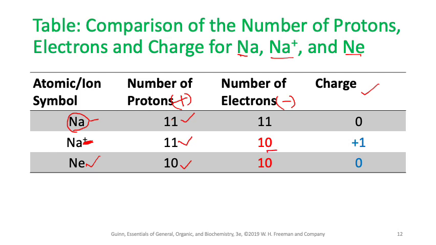So that means now we have only 10 electrons in that atom, and because you have 11 positive charges and only 10 electrons, 1 electron is donated, that means you have a net charge of positive 1. Then we have neon, 10 positive charges, it doesn't have any charge on it, so that means the positive has to be equal to the negative. So 10 plus 10 negative, net charge 0.